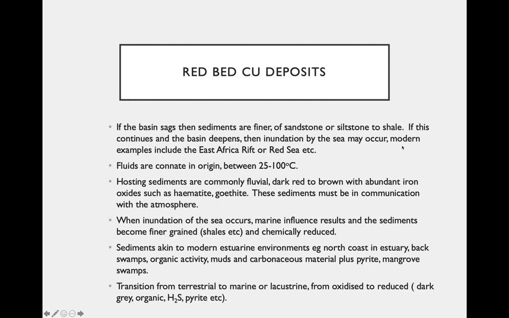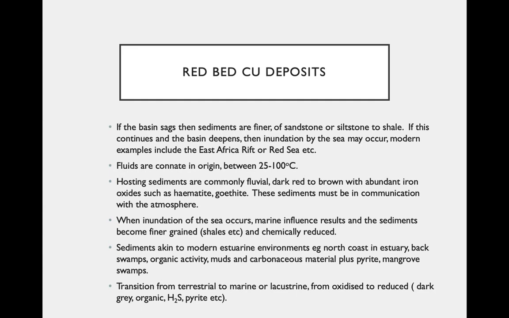So we can get variations, but the classic examples are East Africa or the Red Sea. As I say, the fluids are connate, but they're at very low temperatures, 25 to 100 degrees. The hosting sediments are a variety of fluvial, dark red, brown, so there's abundant iron oxides such as hematite and goethite. When inundation of the sea occurs, marine influences result in the sediments becoming finer, they become shales, and they're chemically reduced, where biogenic behaviour contributes to the reduction of things like sulfur, and we also have things like graphite.